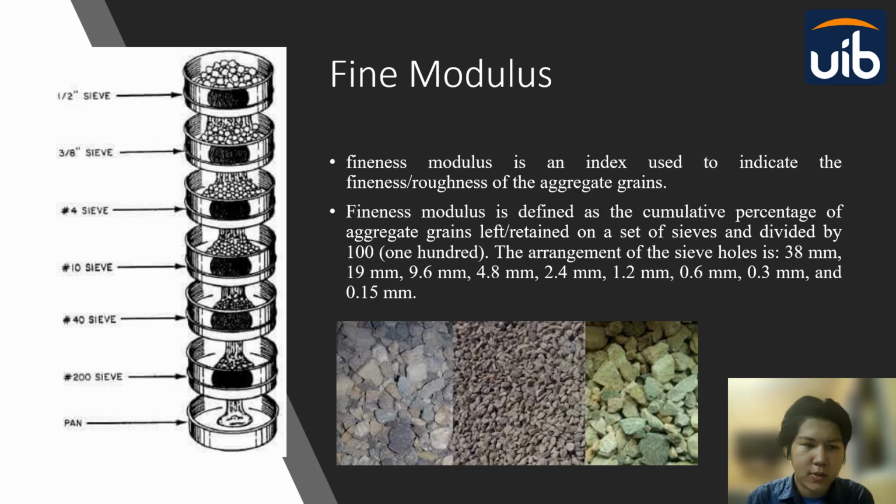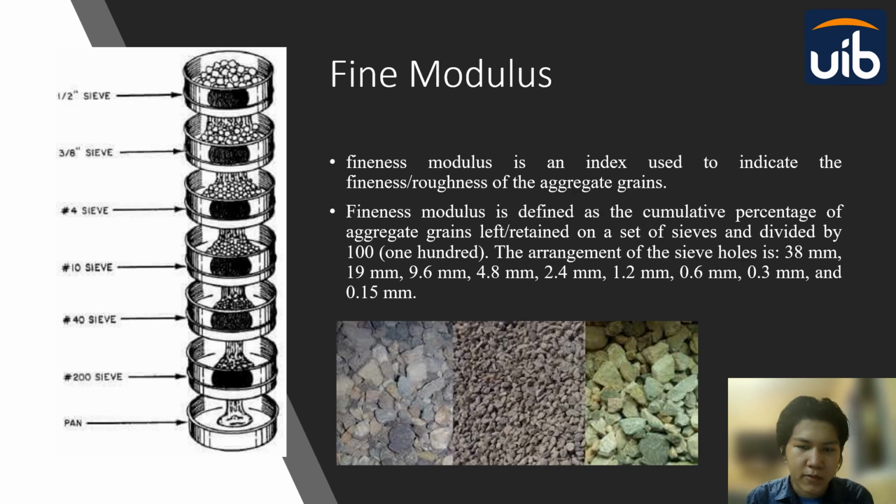Fineness modulus. Fineness modulus is an index used to indicate the fineness or roughness of the aggregate grains. Fineness modulus is defined as the cumulative percentage of aggregate grains left or retained on a set of sieves, divided by 100.